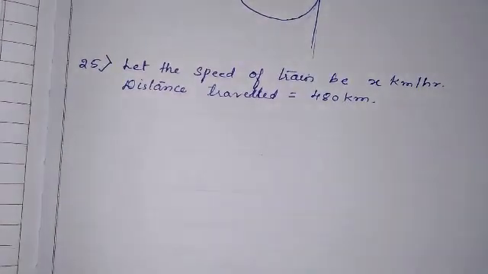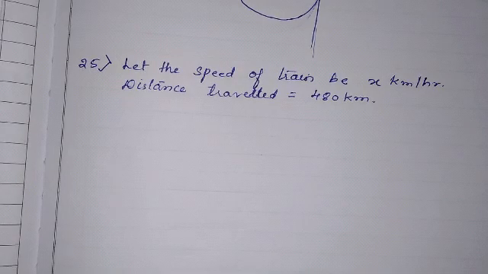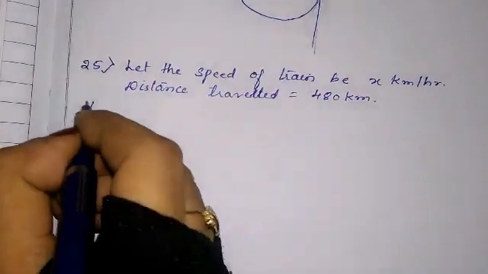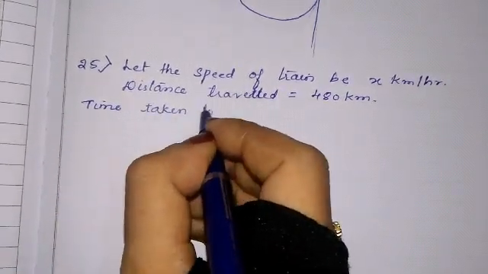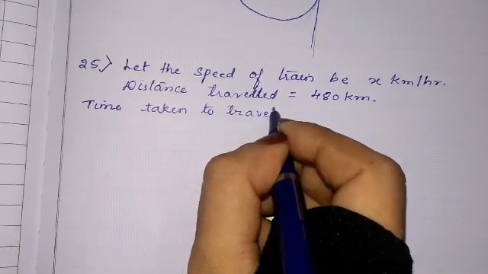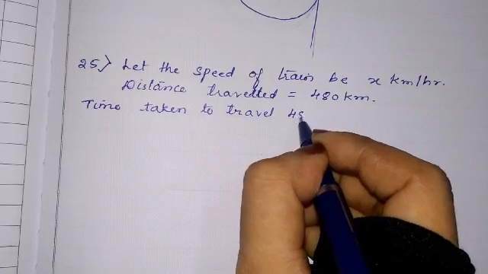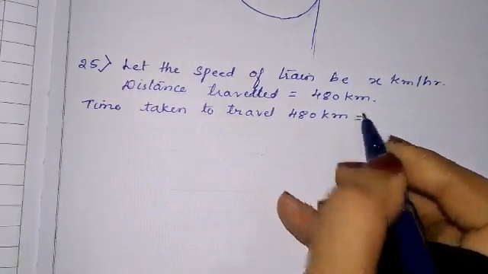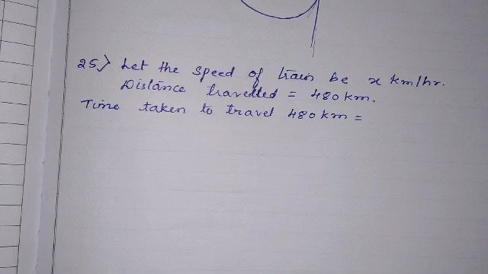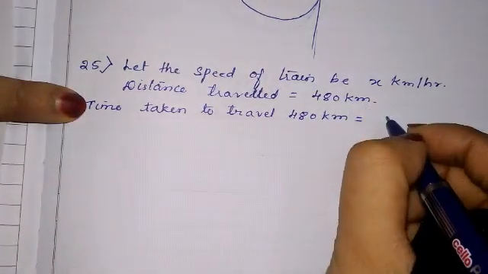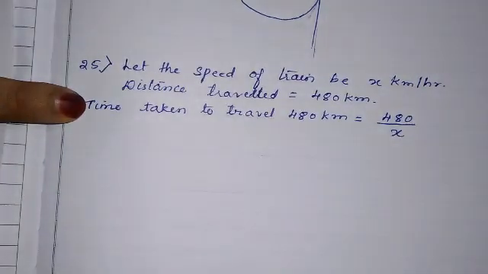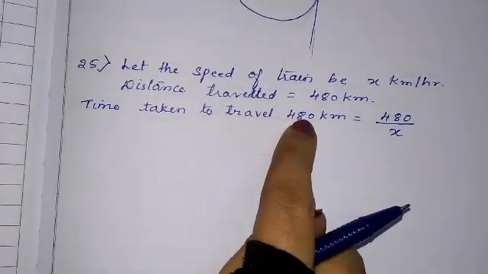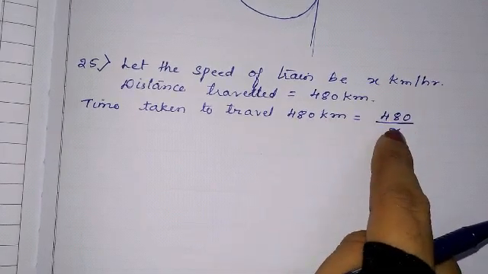Now let us find the time taken to travel. Time taken to travel 480 kilometer: we know the formula, distance is equal to time into speed. Here time taken is equal to distance upon speed, 480 by x. Time taken to travel 480 kilometer is 480 by x.